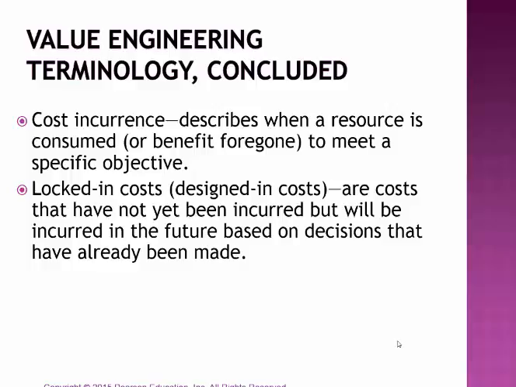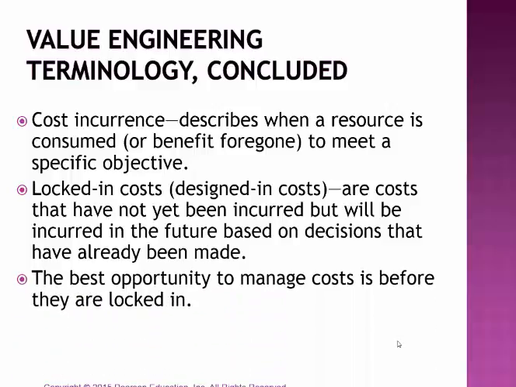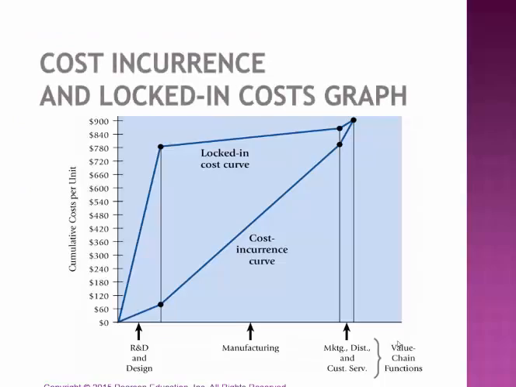All of these things are long run in nature, locked in for quite some time. So the best opportunity to manage cost is before they are locked in. In your book, it shows you that you can graph out the locked-in cost curve and the cost incurrence curve and see what a predominant amount of costs are locked in.